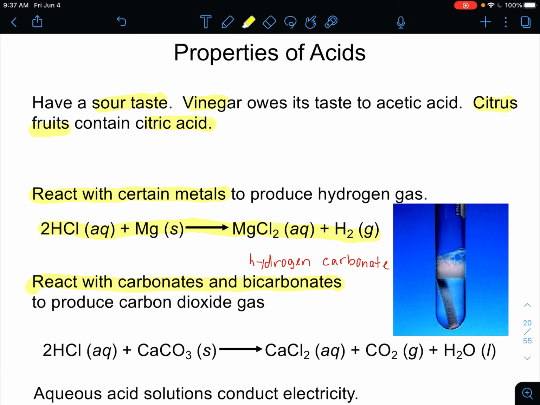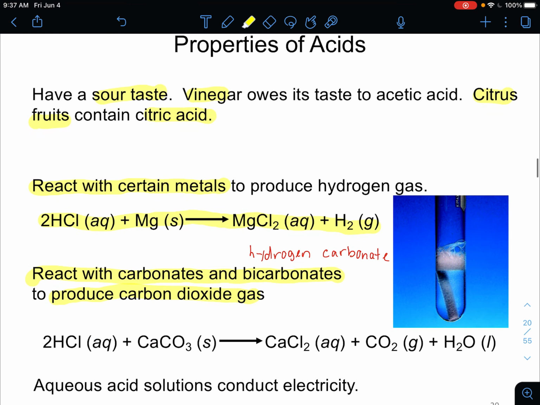And once again, we see that an acid-base reaction is going to lead to the production of a gas, this time carbon dioxide. So here we see hydrochloric acid and calcium carbonate reacting, and they form calcium chloride along with carbon dioxide and water. So anytime there's a carbonate or a hydrogen carbonate reacting with acid, we'll expect to see some carbon dioxide being generated.